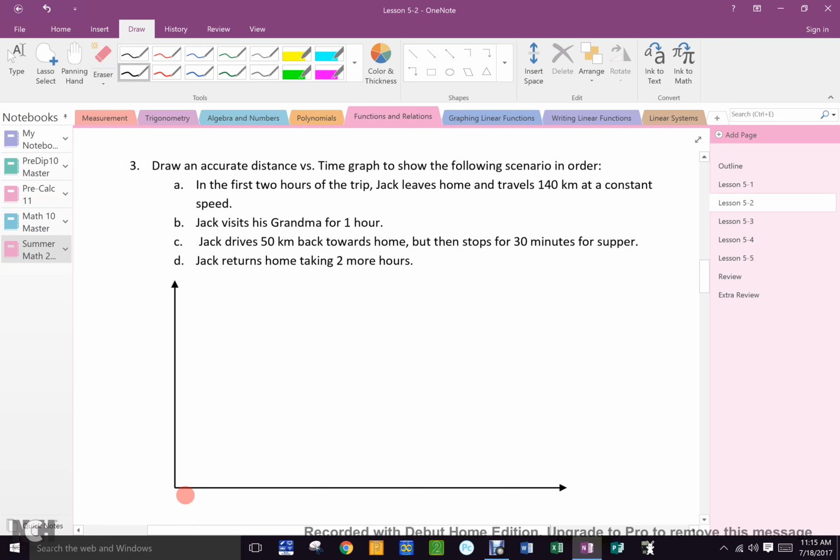All right? Listen to me. Those of you that cannot do anything in pencil, no names mentioned, should really do this graph in pencil because you're gonna do it wrong.